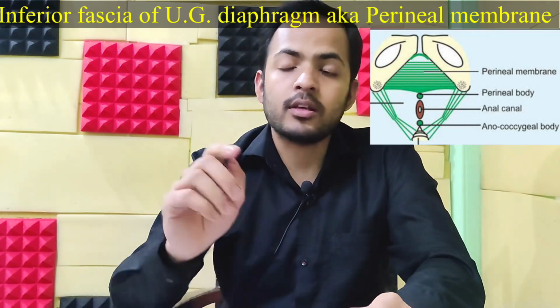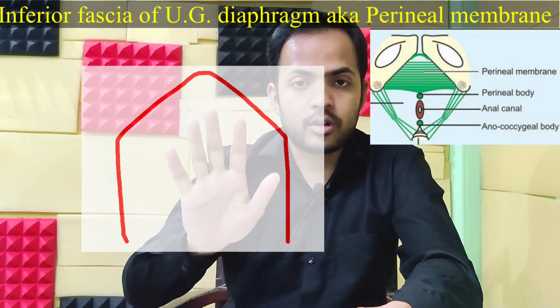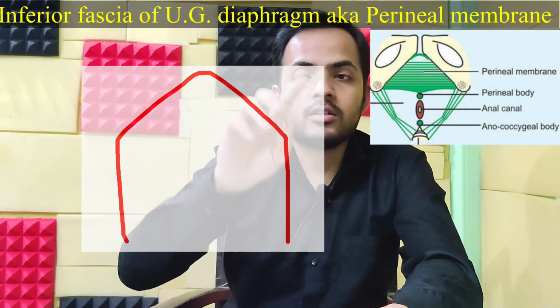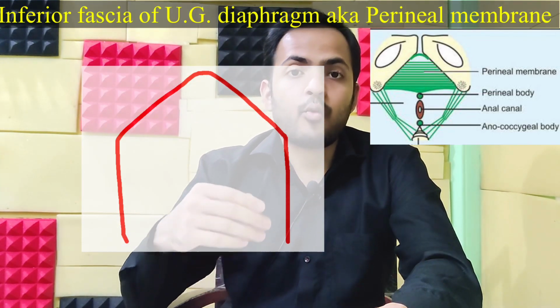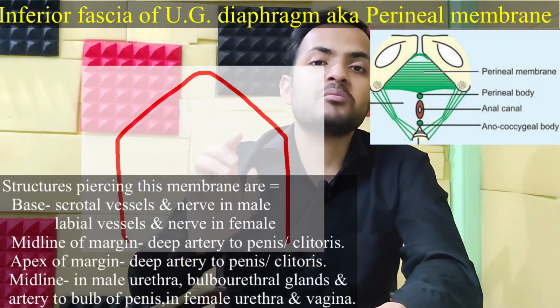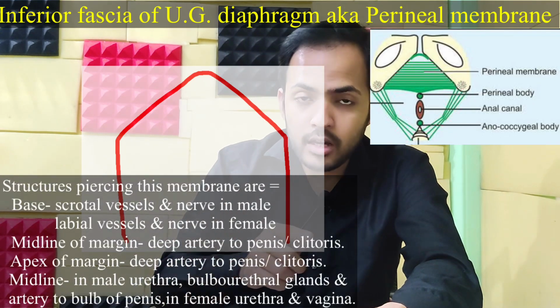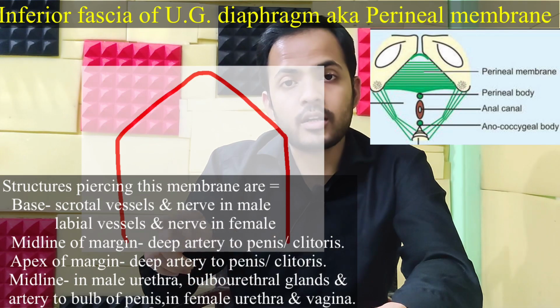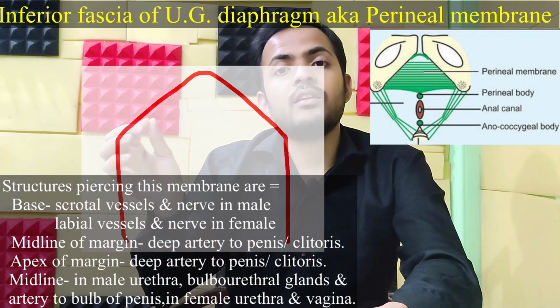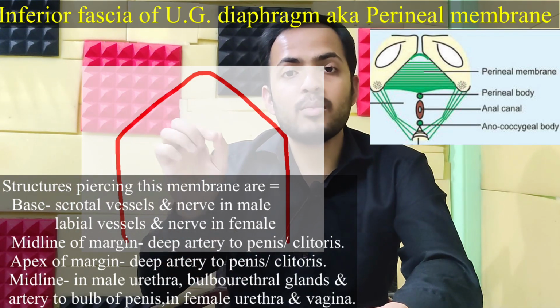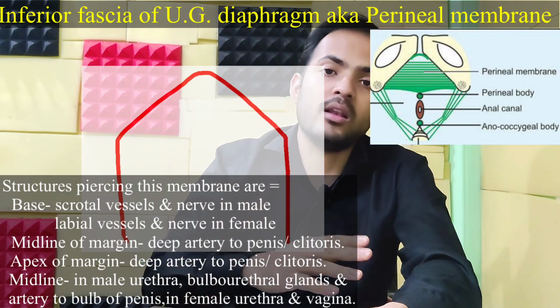So try to understand one thing. Suppose this is a triangular arch and it is the perineal membrane. Now what are the structures piercing this membrane? You have to know about this. At the base you are getting scrotal vessels and nerves in male, labial vessels and nerves in female.